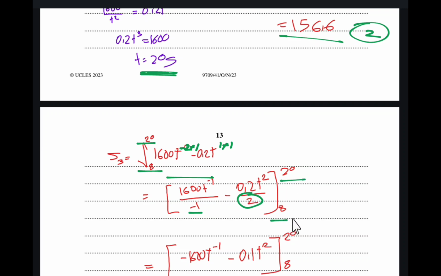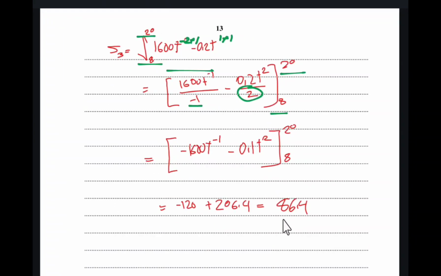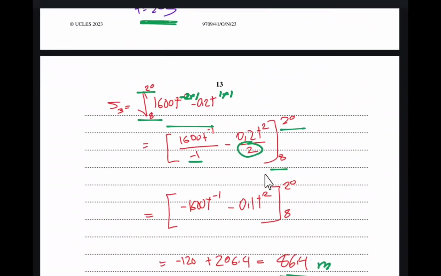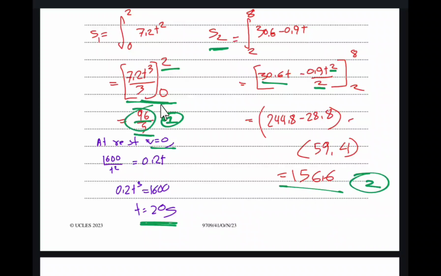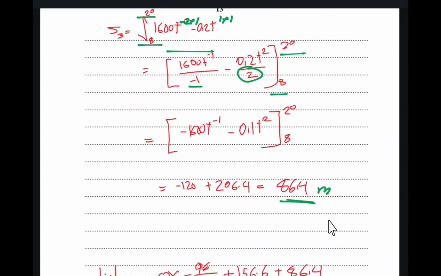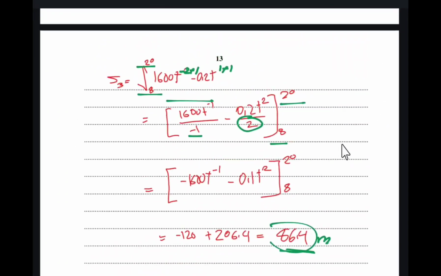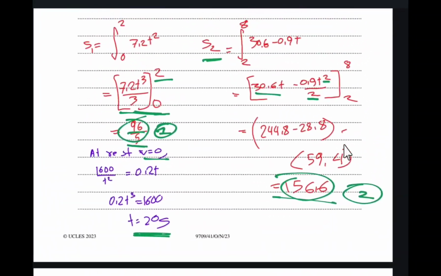Then between the limits, the distance comes to be 86.4 meters. In total, the total distance of our whole journey is 96 by 5, 156.6 and 86.4. That is the total distance. So this is the solution of the last question of this paper.